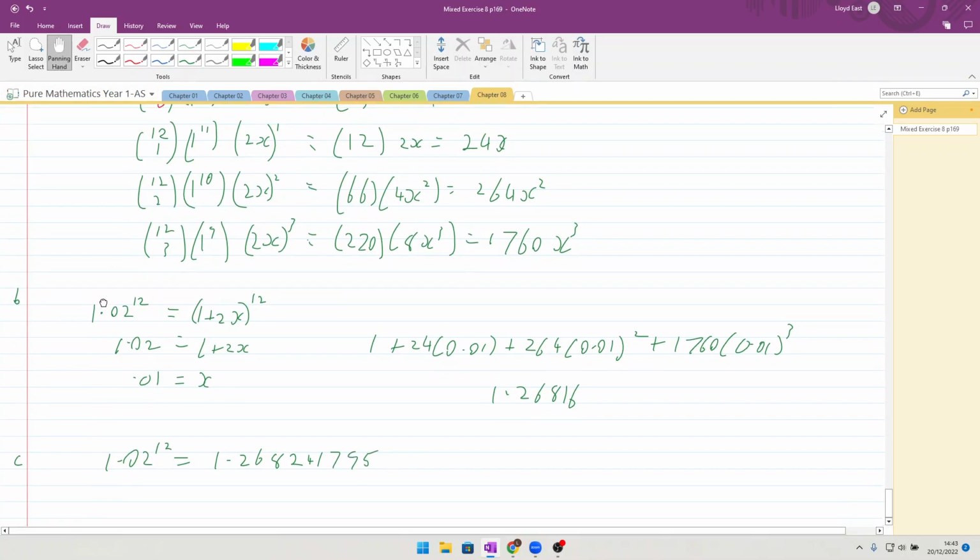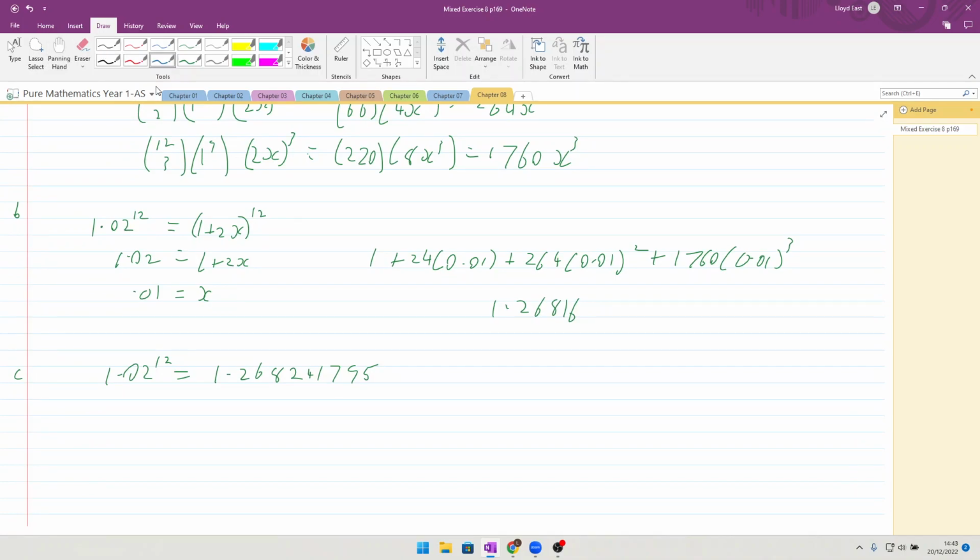Okay, and then finally, part D. Calculate to 3 sig figs the percentage error of the approximation found in part B.